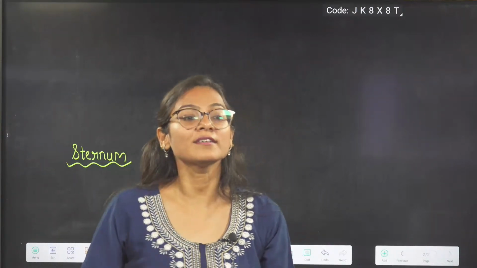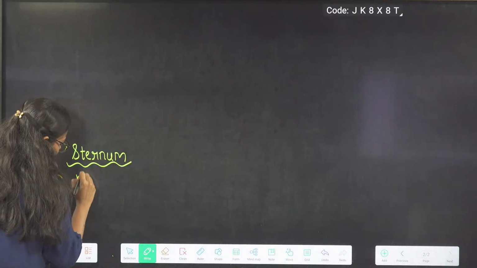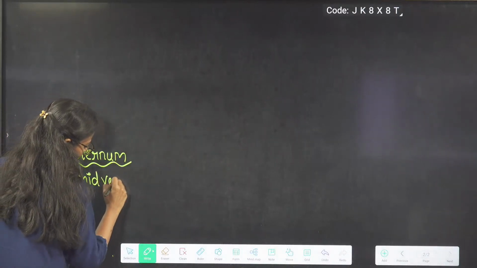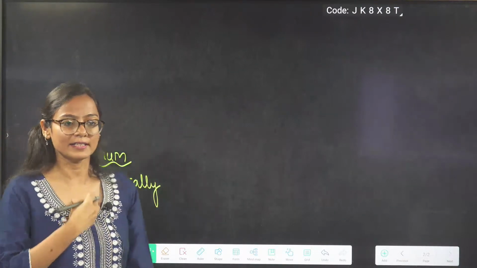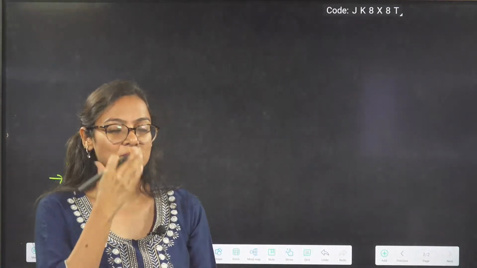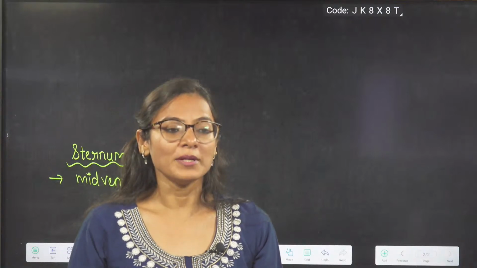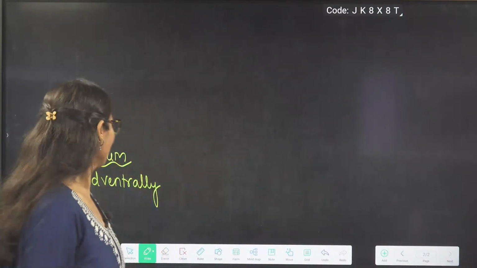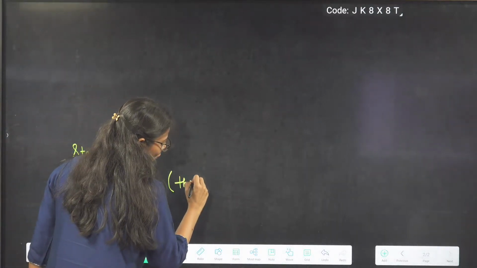This side is our, yes, very good. It is located in the mid ventral part. So can we say mid ventrally, in the middle? Just like the males, they wear a tie, right? So it is just like that. So mid ventrally, of thorax, very good.